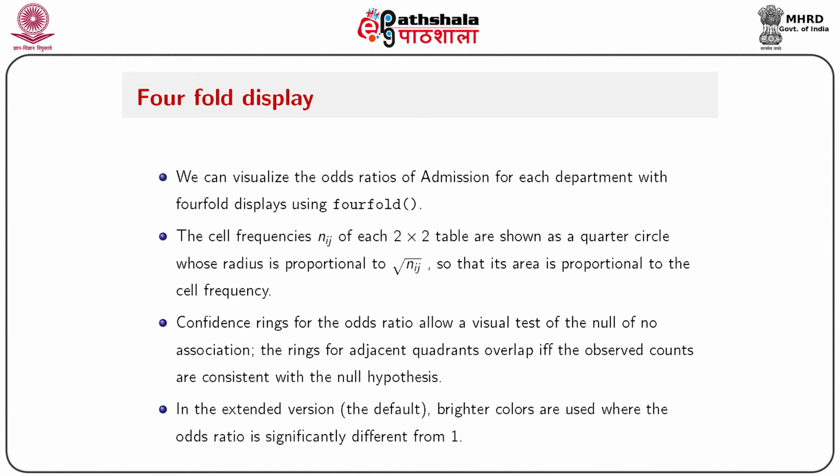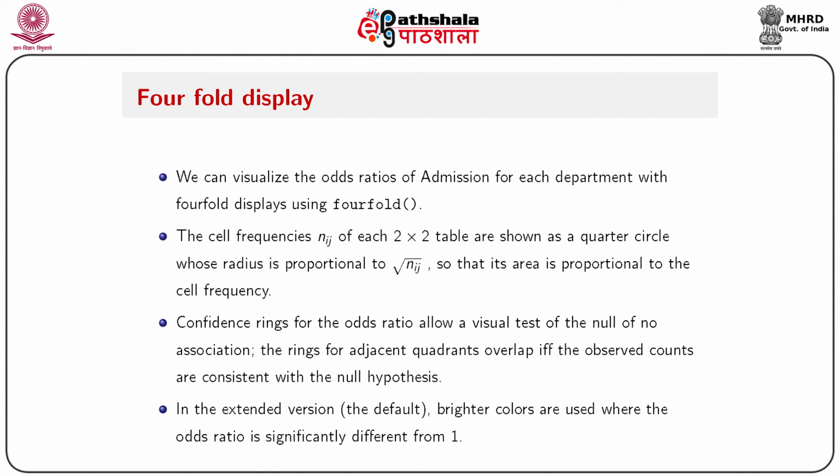We can visualize the odds ratio of admission for each department with the fourfold display, a very useful display, using the fourfold function. The cell frequency nij of each 2 by 2 table is shown as a quarter circle whose radius is proportional to the square root of nij, so that its area is proportional to the cell frequency.